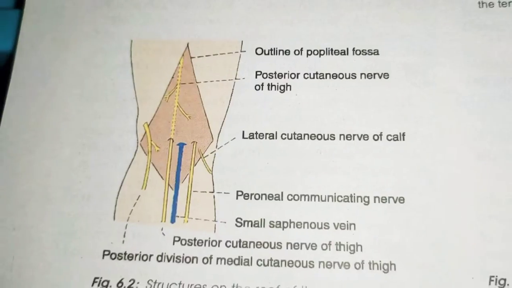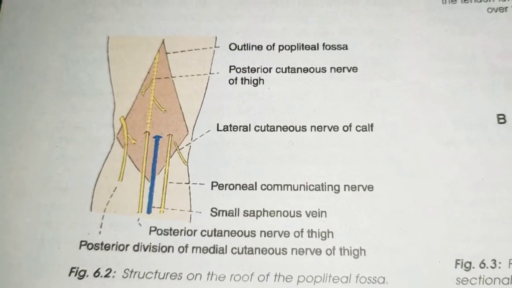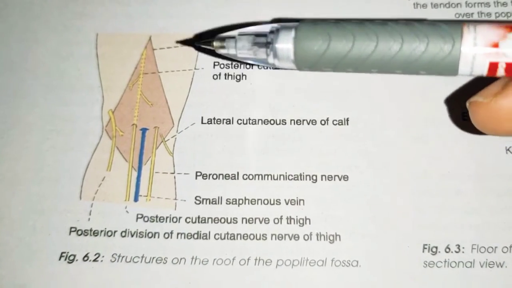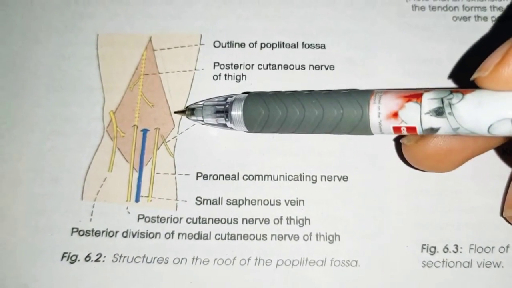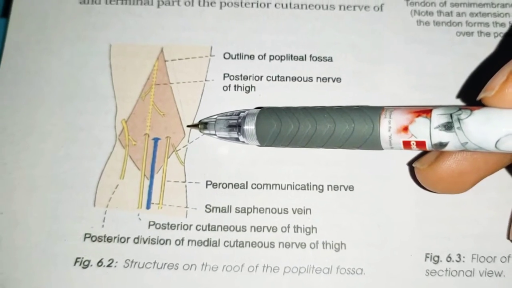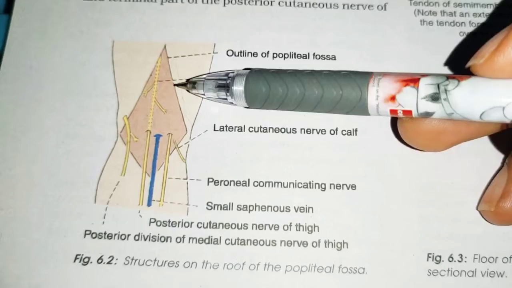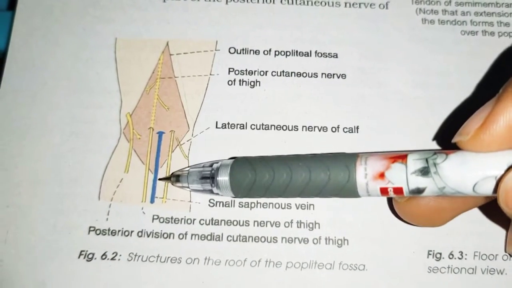Now let us check out the roof and floor of the popliteal fossa. The roof of the popliteal fossa is mainly formed by the deep fascia of the popliteal fossa. The superficial fascia over the roof mainly contains the short saphenous vein. You can see the small saphenous vein in the roof.